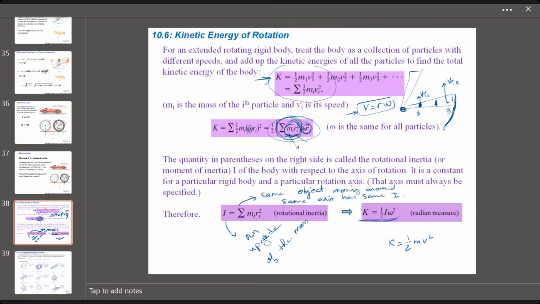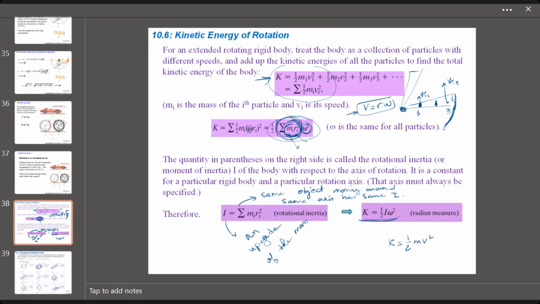Now, these will depend just on the shape of the blade, the distribution of the points. So what I did was I associated a name for this quantity, the mi Ri squared. I named it the rotational inertia of a body. It's basically a constant that depends on the distribution of the mass of the body over the full surface of the body.